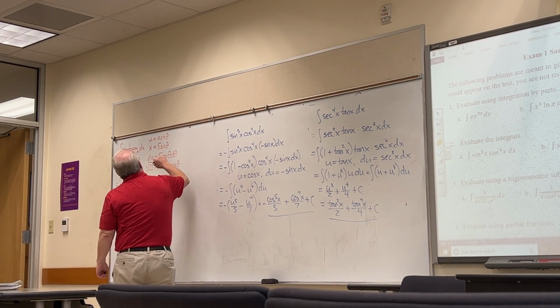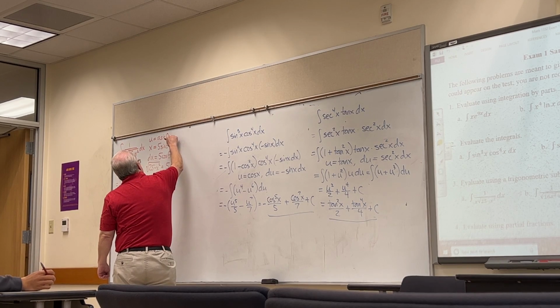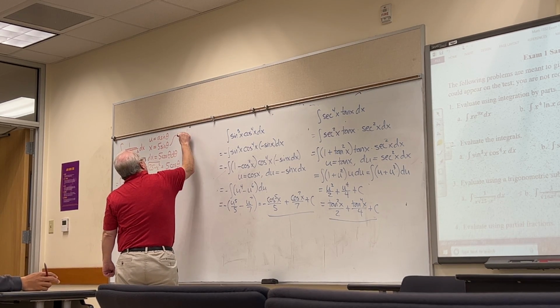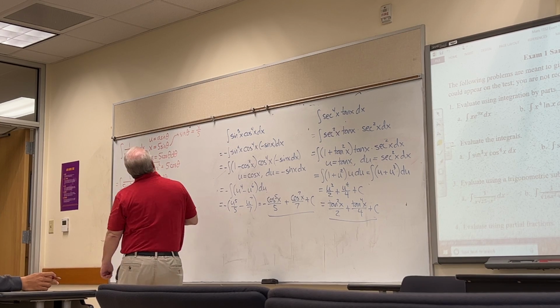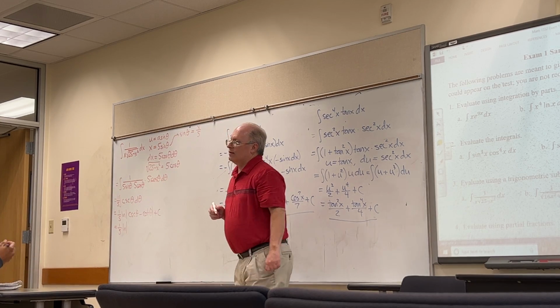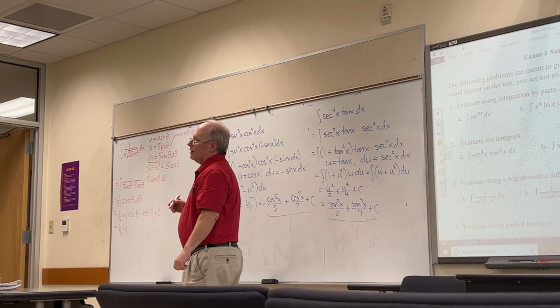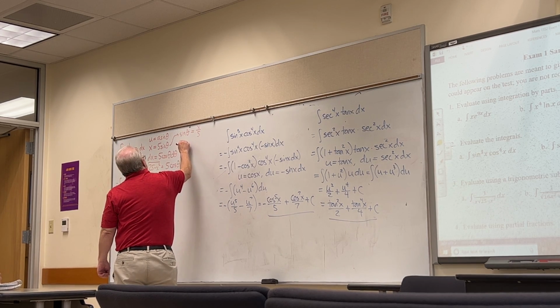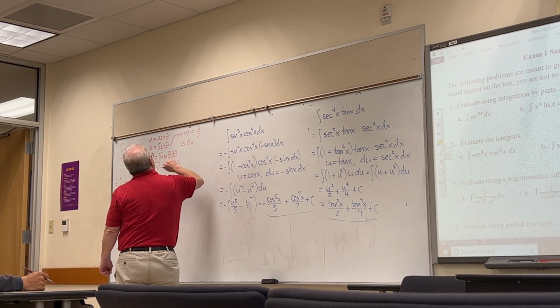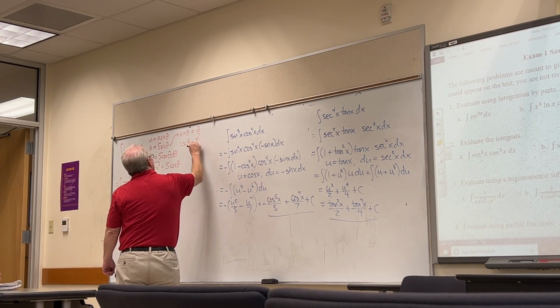Well, right, we can write sine of theta as x over 5. So now how can we use that? Right, so cosecant of theta is the reciprocal of that. So it'll be 5 over x.